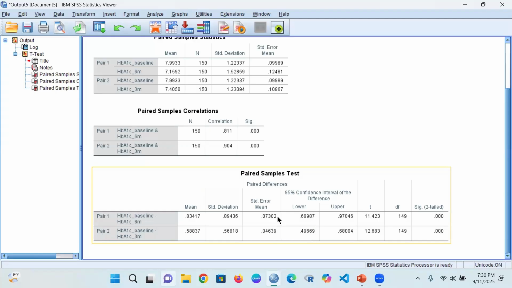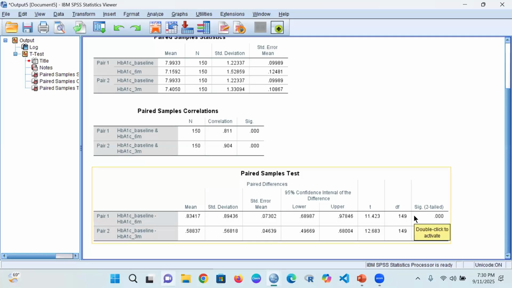So the HB1C values at different time points, that is at the baseline, 3 months and 6 months, within the same group of 150 patients with a degree of freedom of 149. The degree of freedom is 149 because in the rules of statistics, we say that n, which is 150, minus 1, that's where we obtain the degree of freedom as 149.